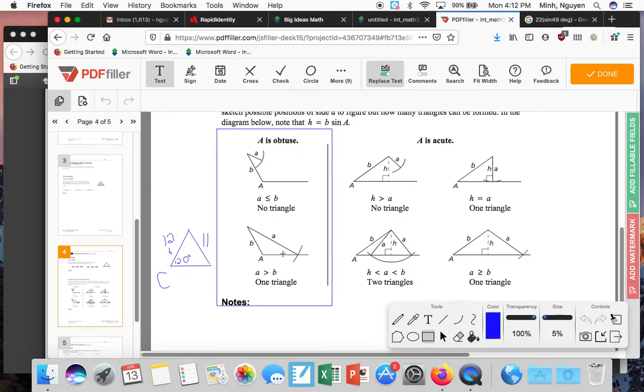Then I basically just have to determine whether A, which in this case is the side across from the known angle, is less than or equal to B. The known angle is 120, which means this is a side right across from it, just as this is across from that. If A, the side across from the given angle, is less than or equal to B, the other side, so if 11 is less than or equal to 12, which it is, then there's no triangle.